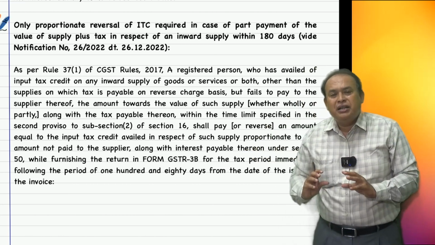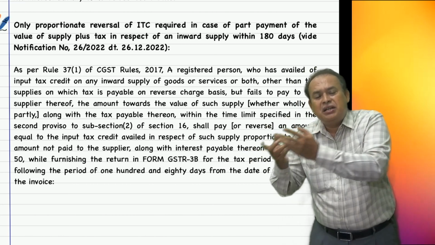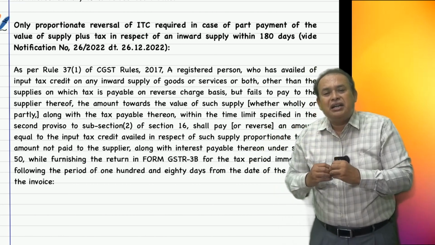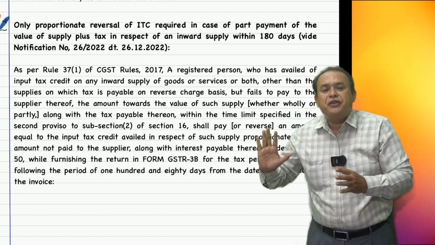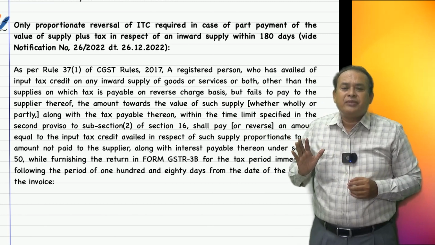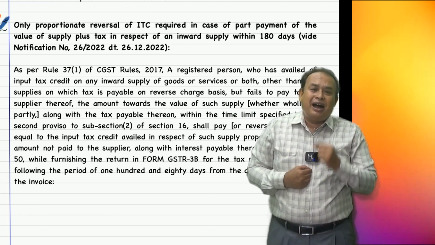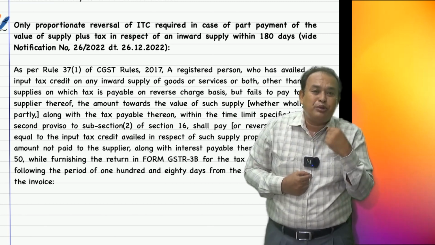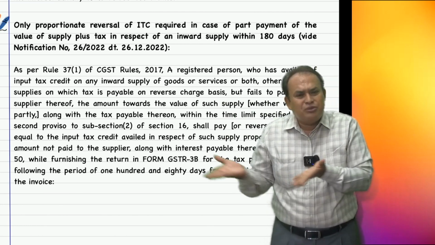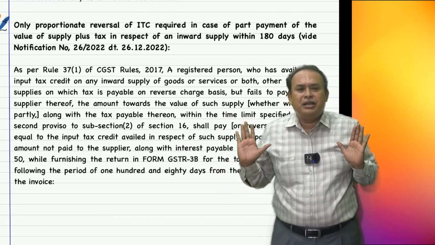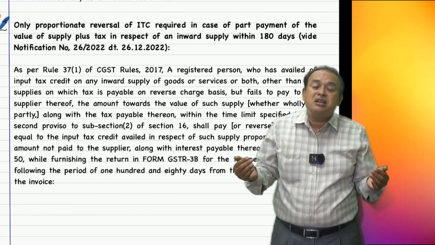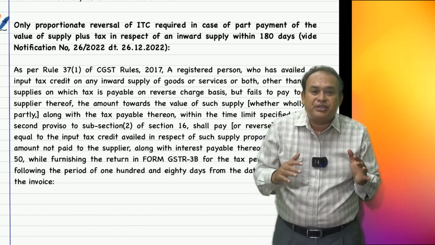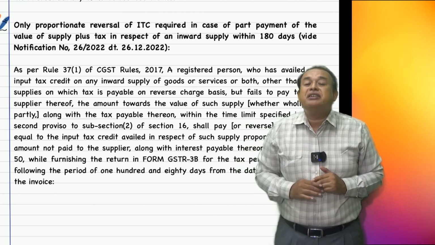I paid 50 lakhs plus 9 lakhs, 59 lakhs. Namely, 50% I paid. Can I avail 9 lakhs input tax credit on 50 lakhs? Because I paid within 180 days. Yes, avail it. What is not paid, the balance 50 lakhs with GST 9 lakhs.